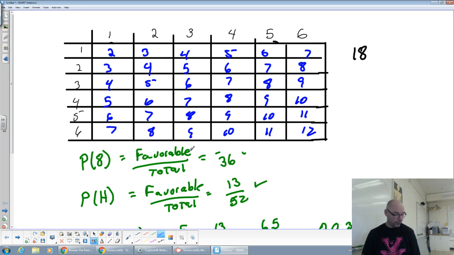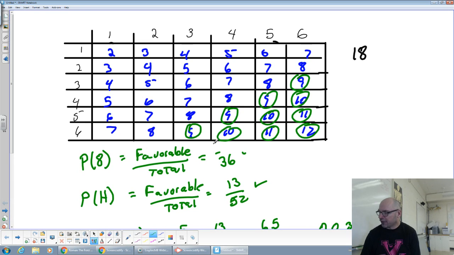Basically they're asking us for a total rolling greater than 8, so that's 9 or bigger, or doubles.